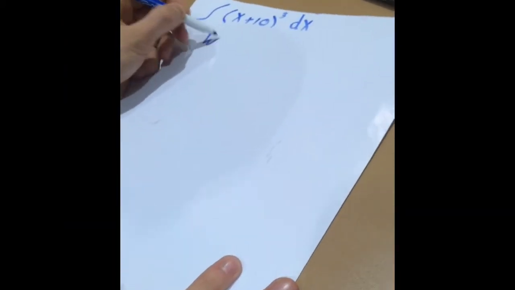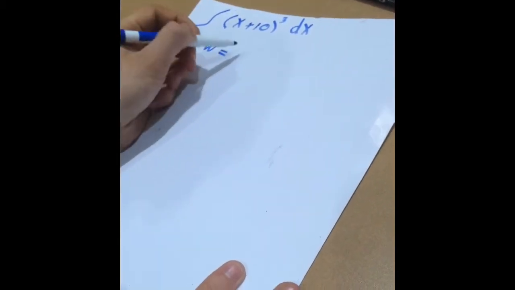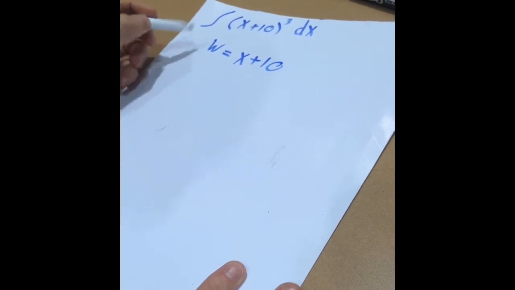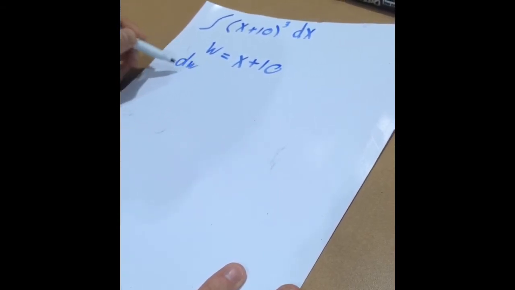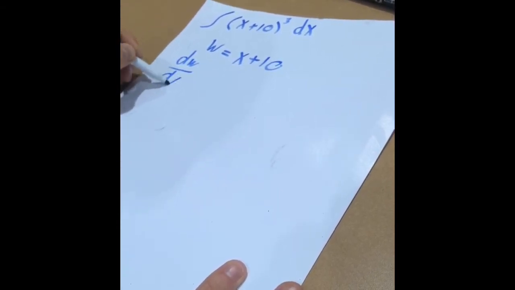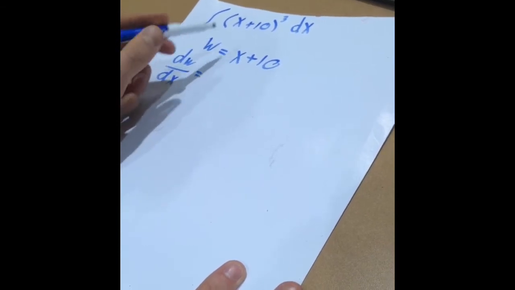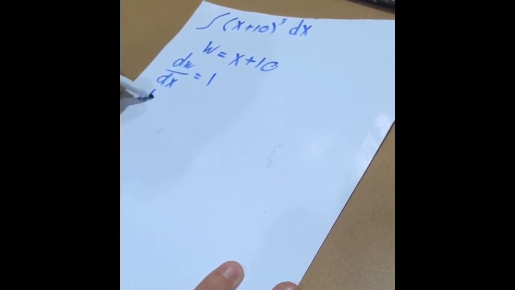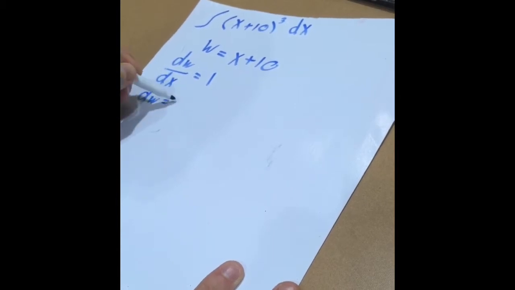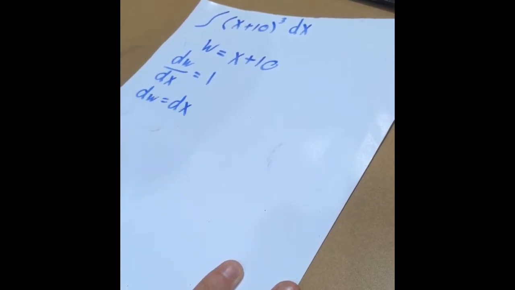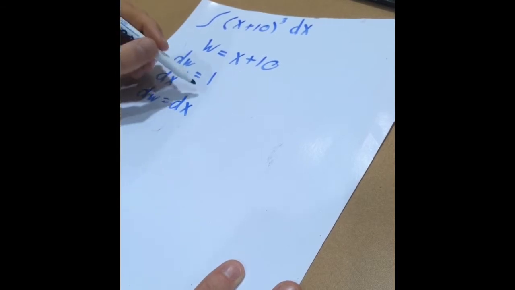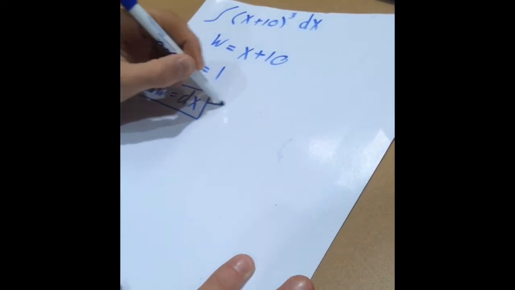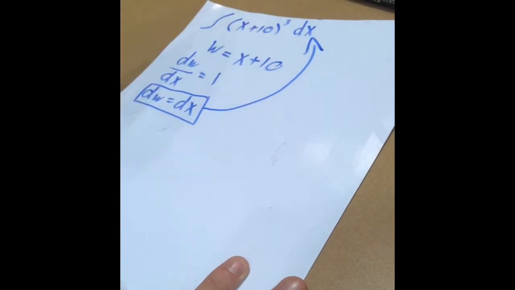This is an example of anti-deriving using the substitution rule, where we take the more complicated section of the function and substitute w in, so that way we can use our far easier power rules and our standard anti-deriving rules. In this situation, when you derive dw with respect to dx, you get 1.